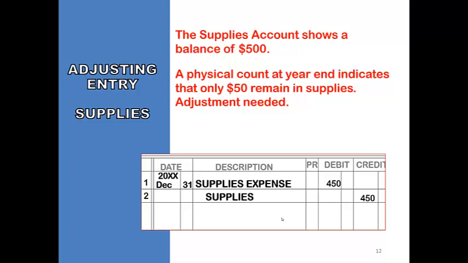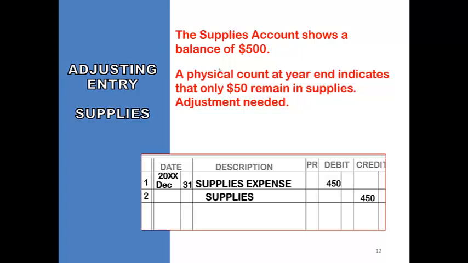Supplies expense is actually a repeat. We have seen this adjustment before. It says the supplies account shows a balance of $500, which means we purchased $500 in supplies during the year, and we set those up as assets. And then at the end of the year, we performed a physical count and found that we only have $50 remaining in supplies.